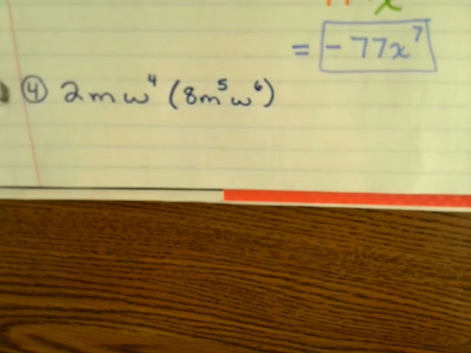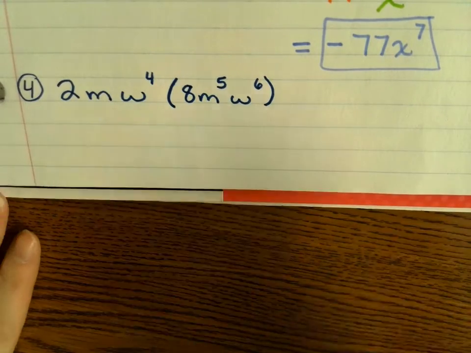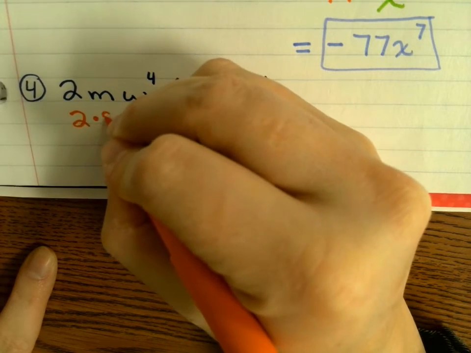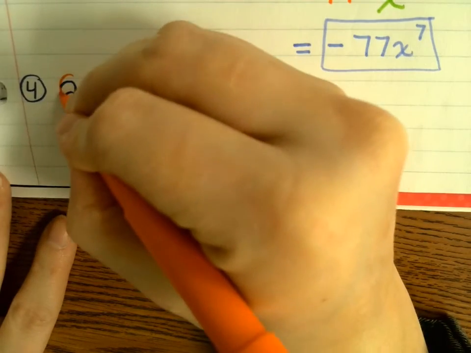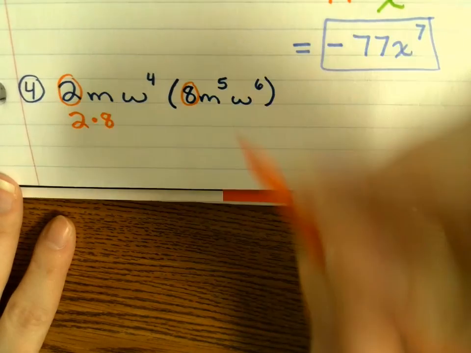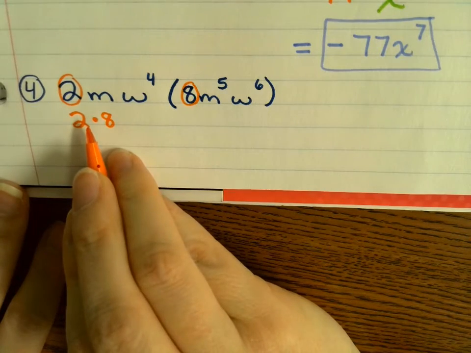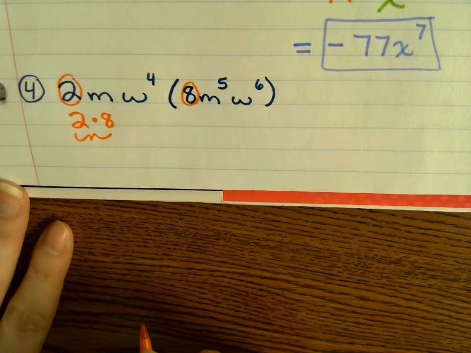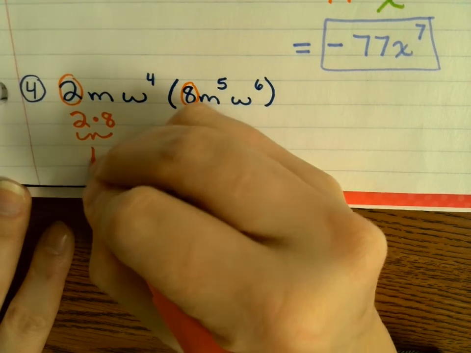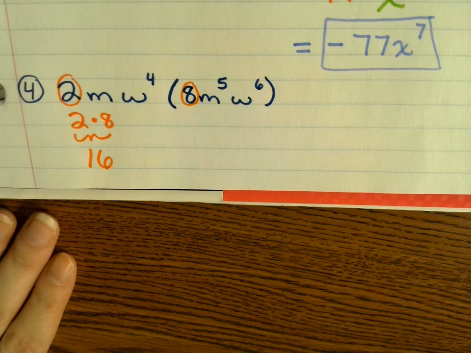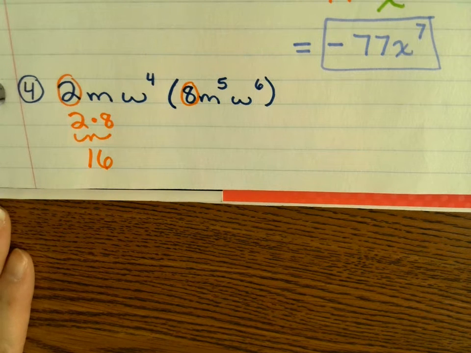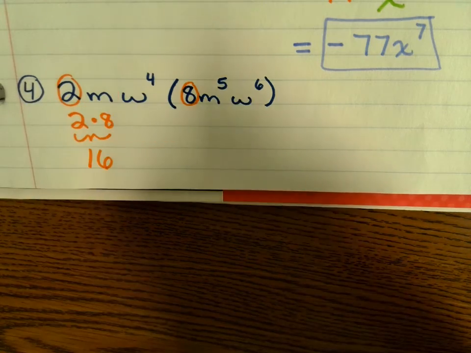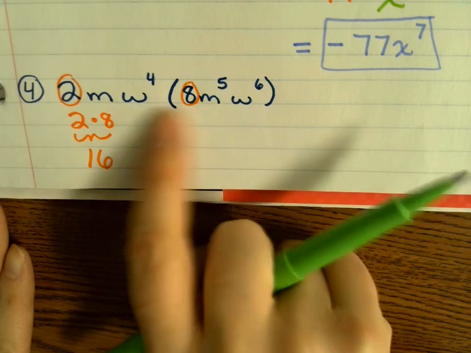Okay, so we're going to start off first by doing 2 times 8, because I've got a 2 here and an 8 here. And what is 2 times 8 going to give me? 16. Okay, then I'm going to move on to my first letter of the alphabet from this problem. Which one is first, m or w?